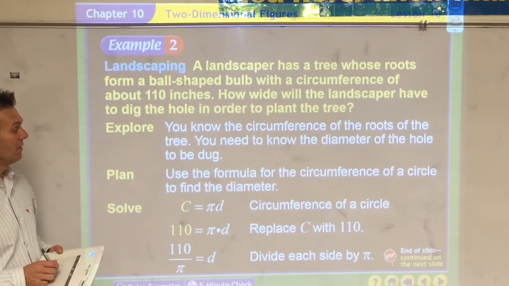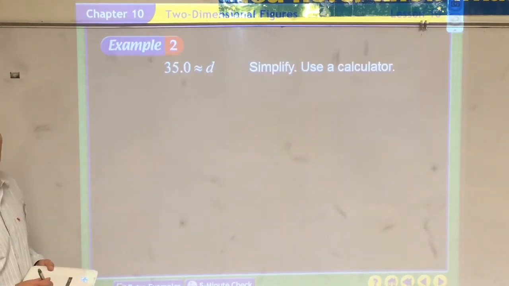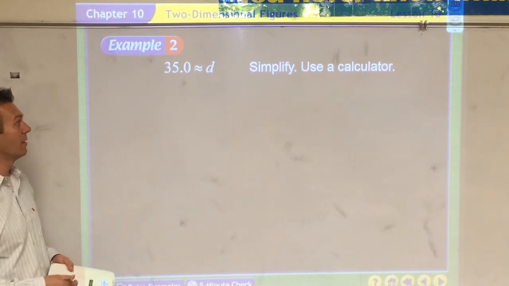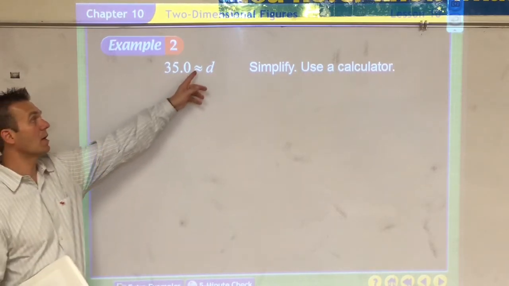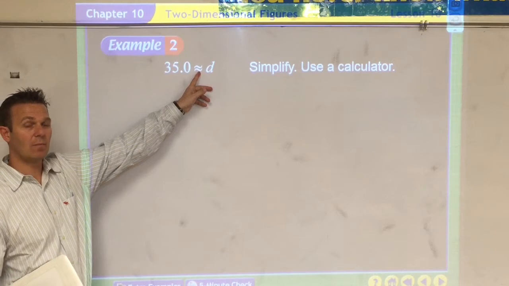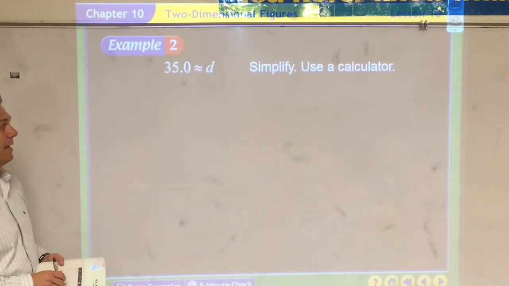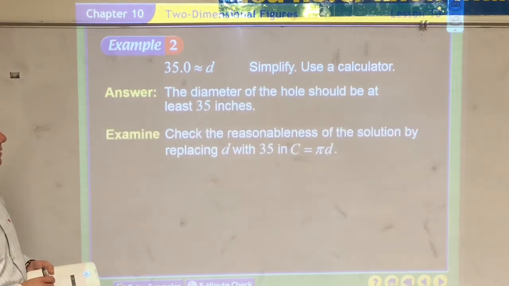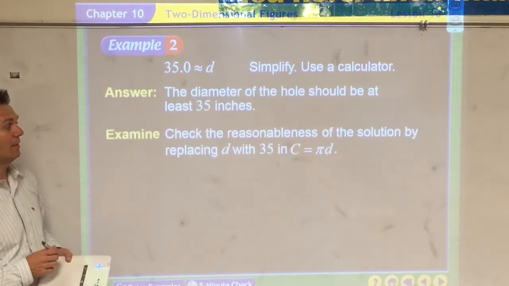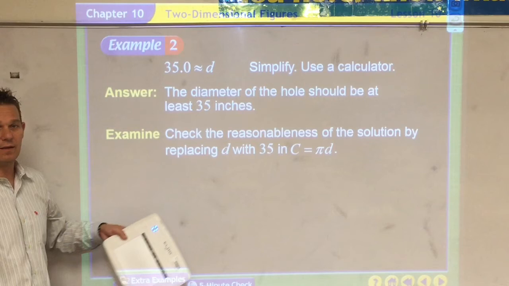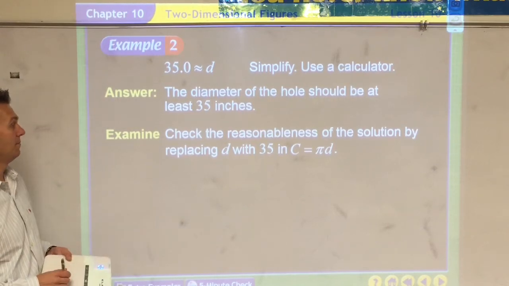So 110 divided by 3.14, or by pi on your calculator, comes out to approximately, that's what those little lines mean, approximately 35.0. So the diameter that the hole needs to be dug would be at least 35 inches in order for that tree to fit in.